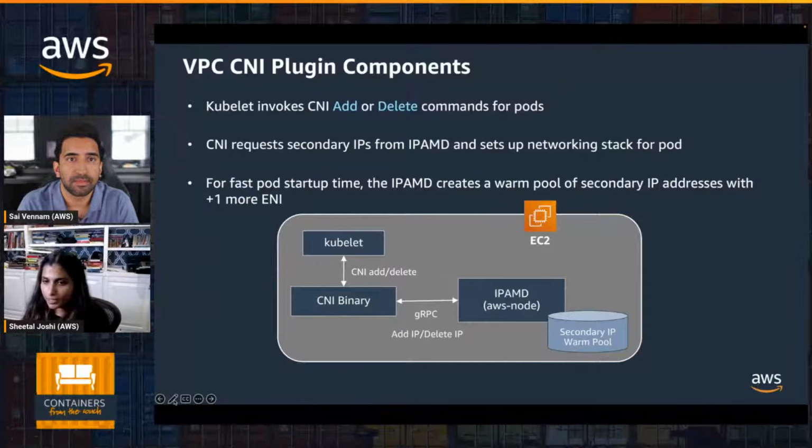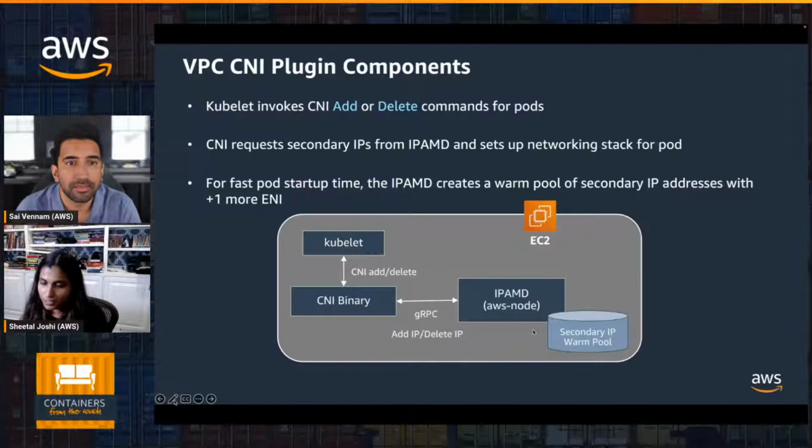And when a pod lands on a node, the API server, the kubelet, and the CNI plugin components work together to assign an IP address to the pod, set up the pod network namespace and also the host namespace using the veth pair that we will see in the next slide, and also update the route tables on the node itself. So what does this IPAMD plugin do?